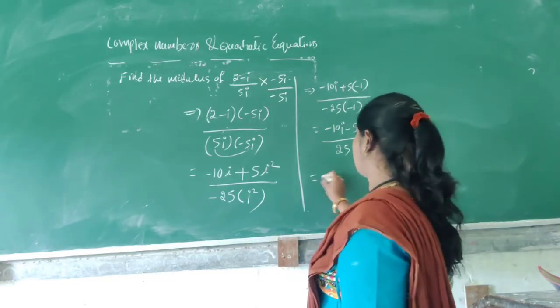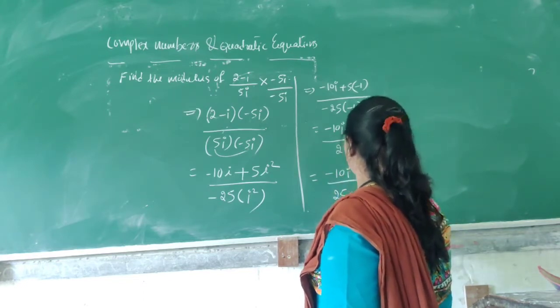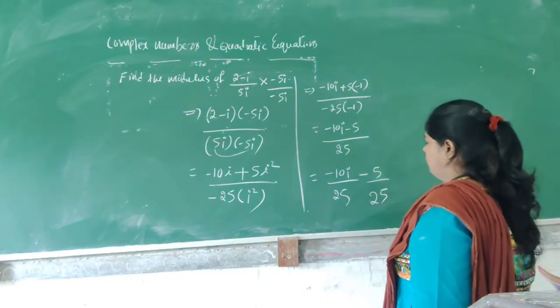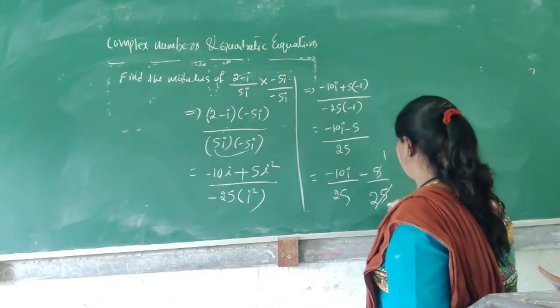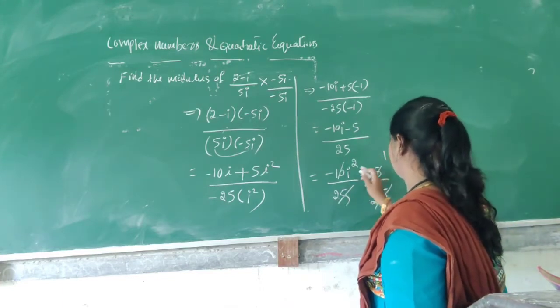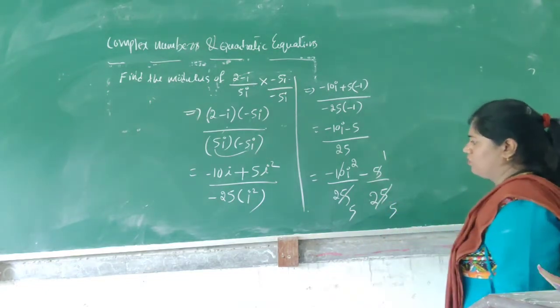We can write it like this: minus 10i divided by 25, minus 5 divided by 25.